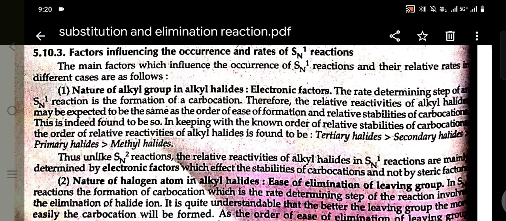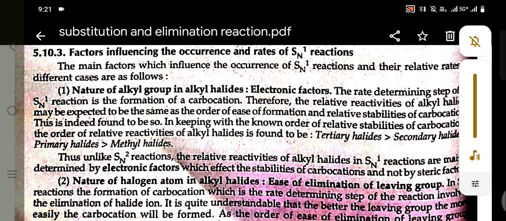Factors influencing the occurrence and the rates of SN1 reactions. The main factors which influence the occurrence of SN1 reaction and their relative roles in the different cases are as follows. First, the nature of alkyl groups in the alkyl halides. Electronic factors. The rate determining step of an SN1 reaction is the formation of a carbocation. Therefore, the relative reactivities of alkyl halides may be expected to be the same as the order of ease of formation and relative stabilities of carbocations.